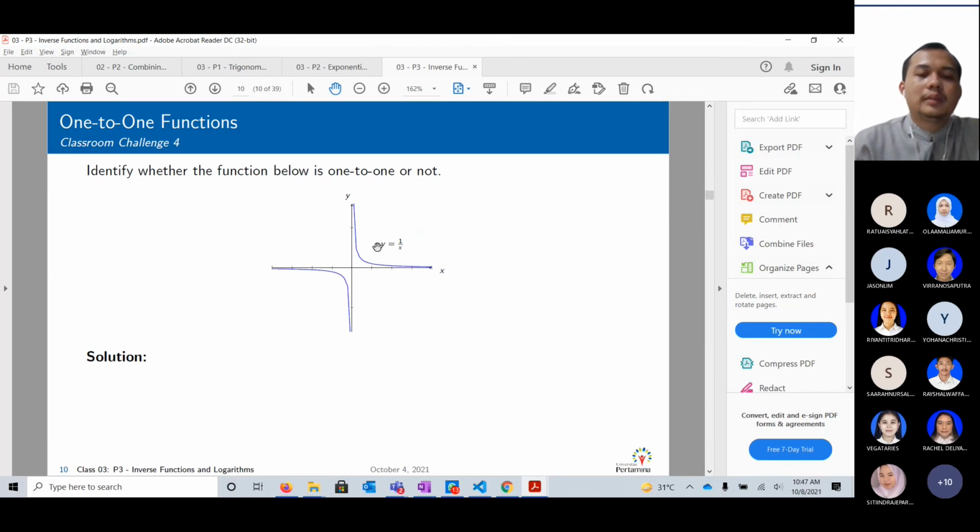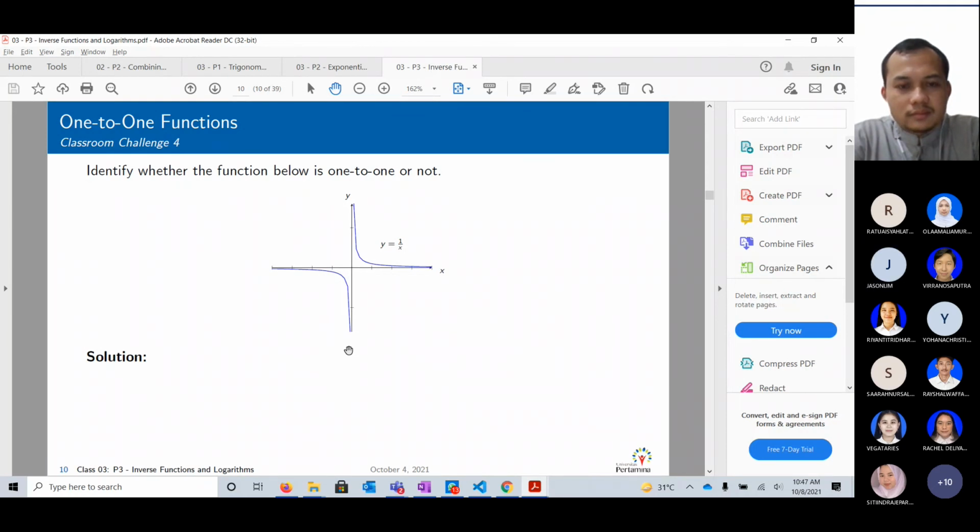And what about this function? Is it one-to-one or not? Yes.